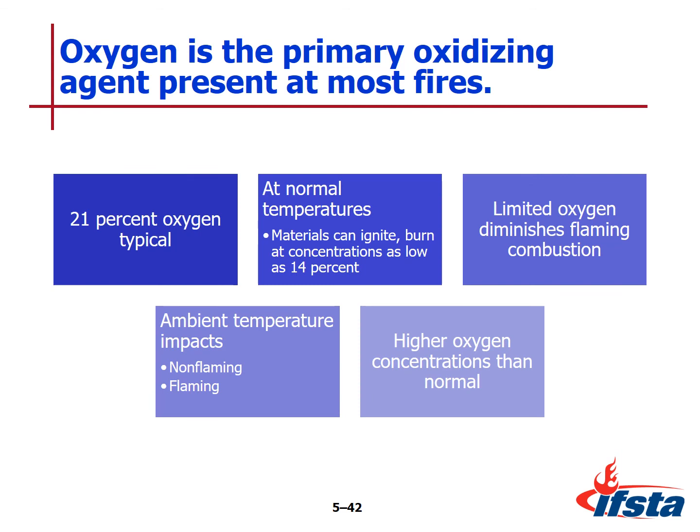Safety. The air we breathe is naturally 21% oxygen. Everybody pretty much already knows that. At normal temperatures, materials can ignite and burn at concentrations as low as 14%. The oxygen we breathe in, we already said, is 21%. Out of that 21% that we breathe in, your body doesn't use it all.